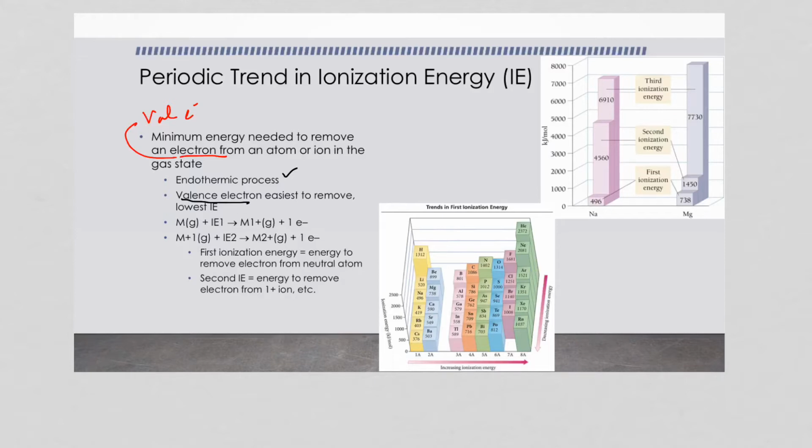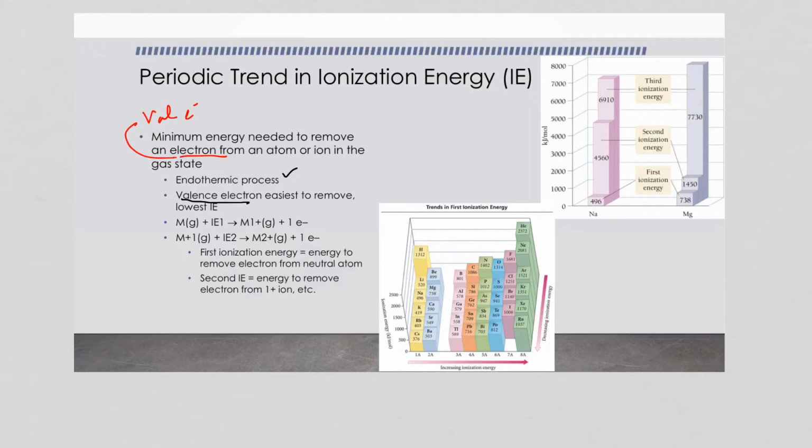And if we can lose more than one, so if we have a species that can take on, say, a positive 2 charge, we treat each ionization energy separately. So, for example, if I lose 1 electron, so I have my metal plus 1 ionization energy, we get a metal plus 1, and we release an electron.